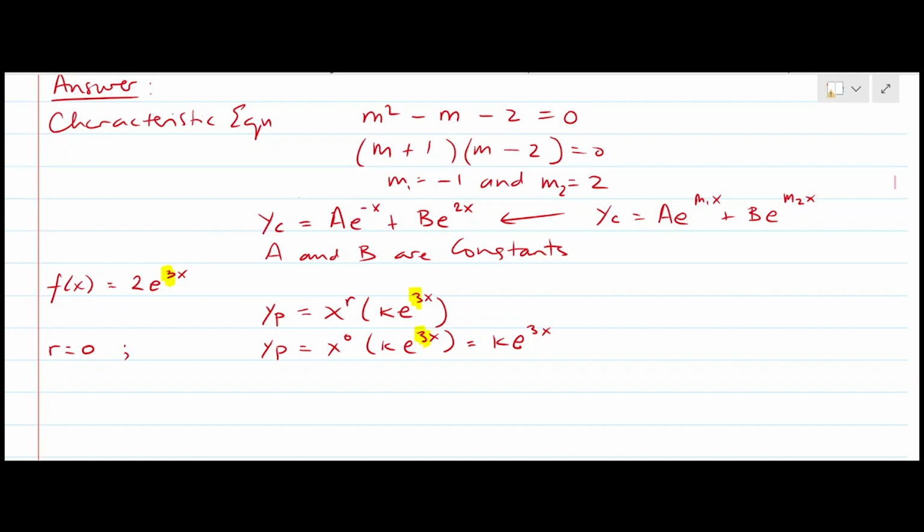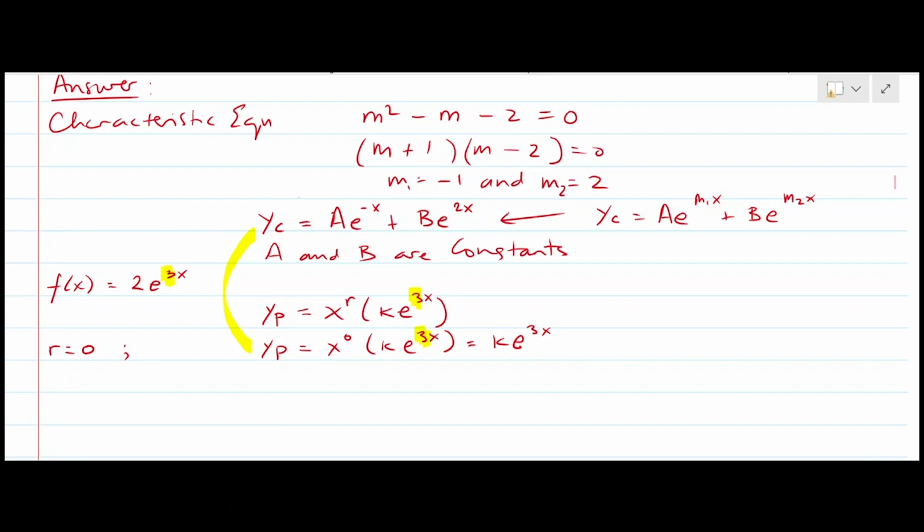From here we can see that there are no terms in yp that correspond to any terms in yc. So this is yp and this is yc, and there are no common terms between them.